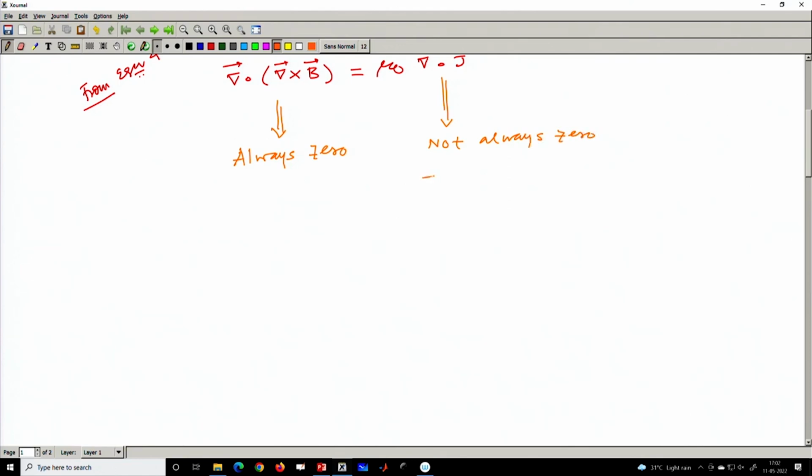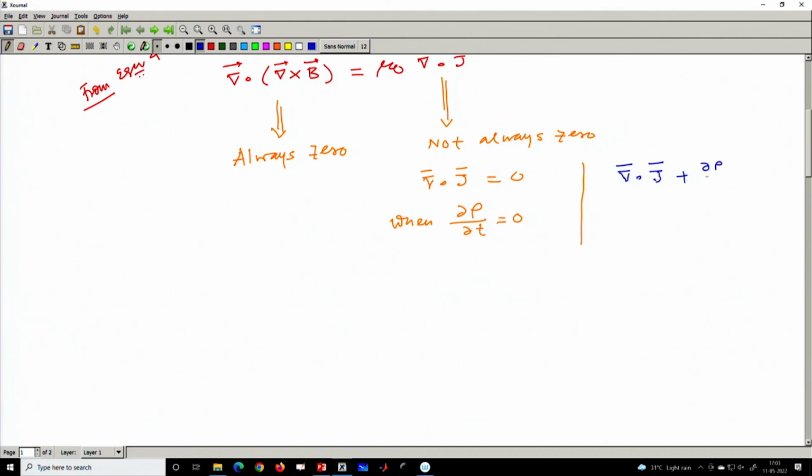And it is 0 only for the steady current, the condition of steady current, that is when del rho by del t is 0, because the two source terms rho and J are associated with this very important continuity equation.